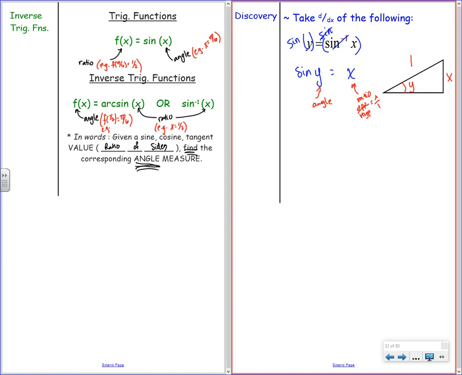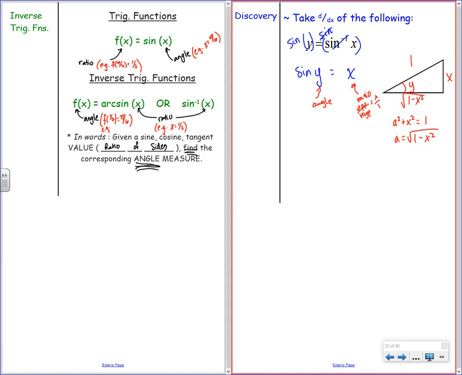Does anybody know how I could solve for a formula that expresses the other leg of my right triangle? Isn't a squared plus b squared equal to c squared? So a squared plus x squared is equal to 1, and a is going to be equal to the square root of 1 minus x squared. I can actually fill in the third side of my triangle.